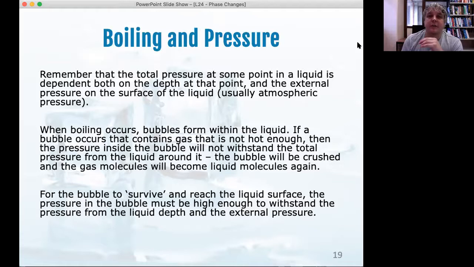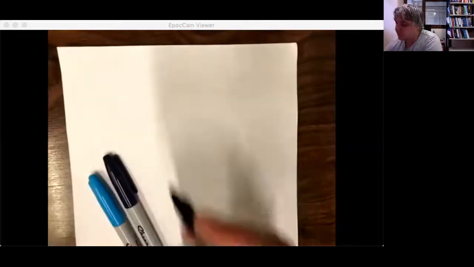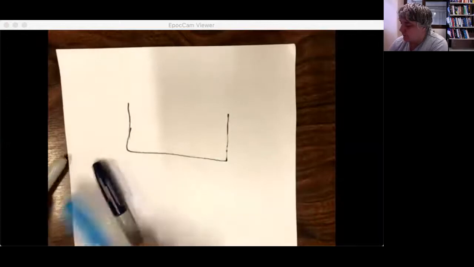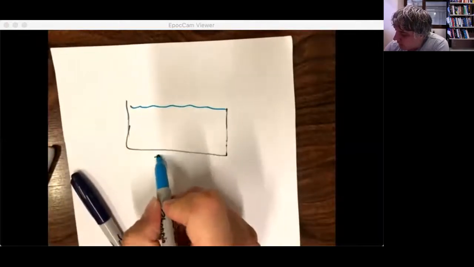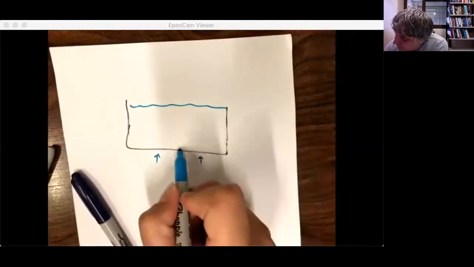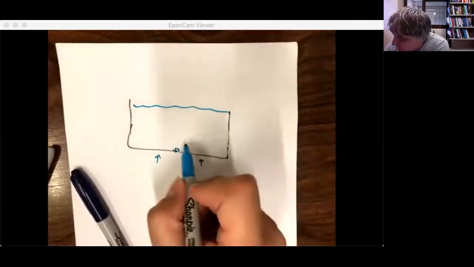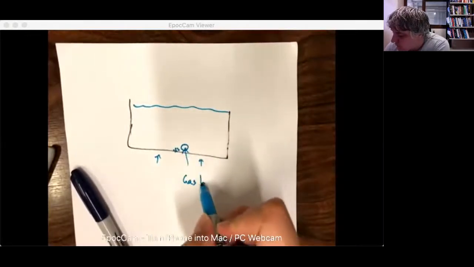I'm actually going to jump over to the document camera just to try and hopefully illustrate this more carefully. So you've got your pot of water. It's full of liquid water, and then you're applying heat here, and then suddenly these water molecules go, oh, we've got enough energy to become a gas. And so they do, they turn into a gas bubble.